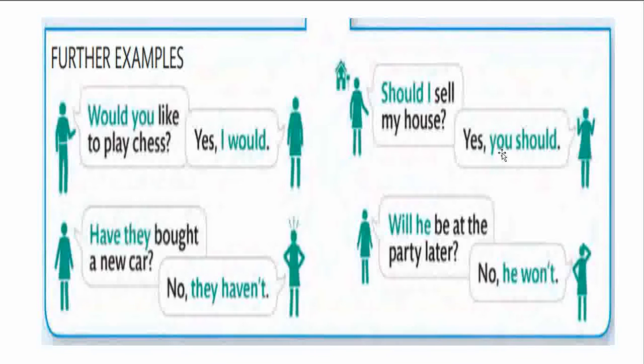Yes, you should. Or if you want to say no, should not becomes shouldn't. No, you shouldn't. Will he be at the party later? No, he will not becomes won't. No, he won't. Or if you want to reply in affirmative, yes, he will.